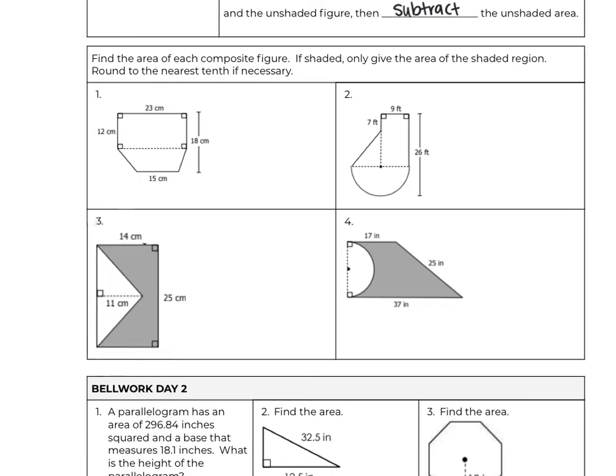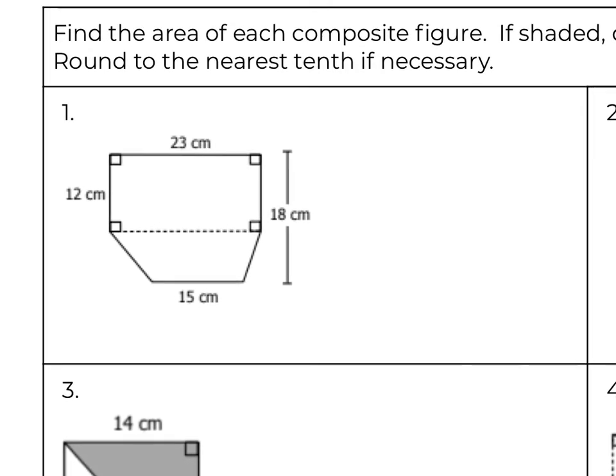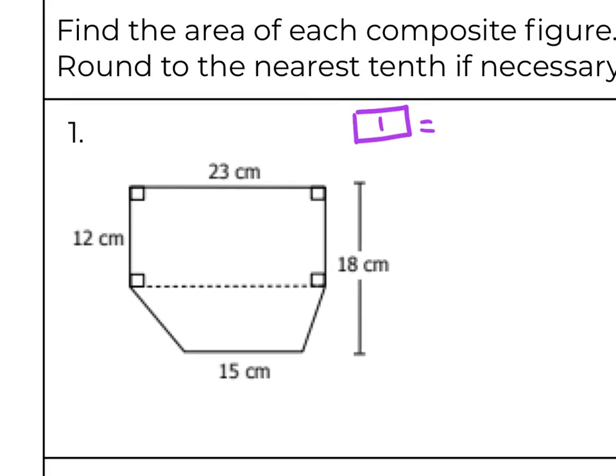All right, so let's look at number 1. Okay, we have 2 shapes here. What is the first shape we have? The easiest one probably. A rectangle, okay? One thing you really have to be careful with is whether it gives you the correct measurements you need. For the rectangle, and I do a lot of this, I draw the picture of what I'm looking at. I have one of those rectangles, okay?